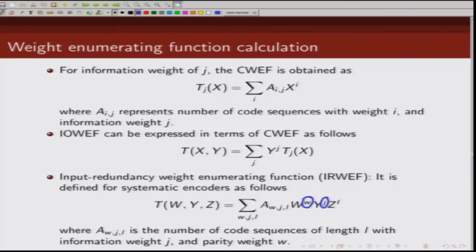The overall weight would be the weight of the parity bits plus the weight of the information bits, so overall weight would be W plus Z. So, the input redundancy weight enumerating function is defined for systematic encoders, where instead of specifying the overall coded weight, you only specify the weight of the parity bits.